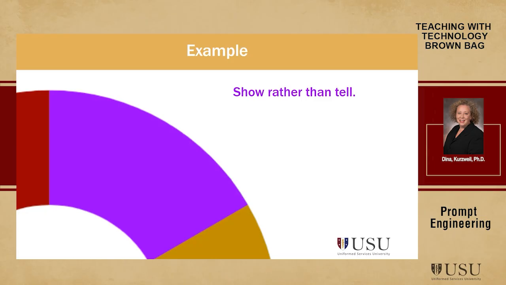So having an example in prompt engineering is crucial because it provides a clear illustration of the desired formatting style. It guides the AI model towards generating more accurate and relevant responses. This example serves as a form of showing rather than just telling the model what you expect, reducing ambiguity and increasing the likelihood of successful outcomes.